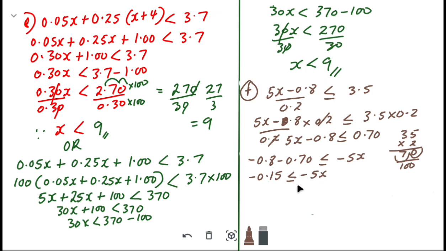If we divide both sides by negative 5, the inequality sign will change. So we're going to be having 0.3 greater than or equals to x. And we can as well re-express this as x less than or equals to 0.3. This will be our final answer.